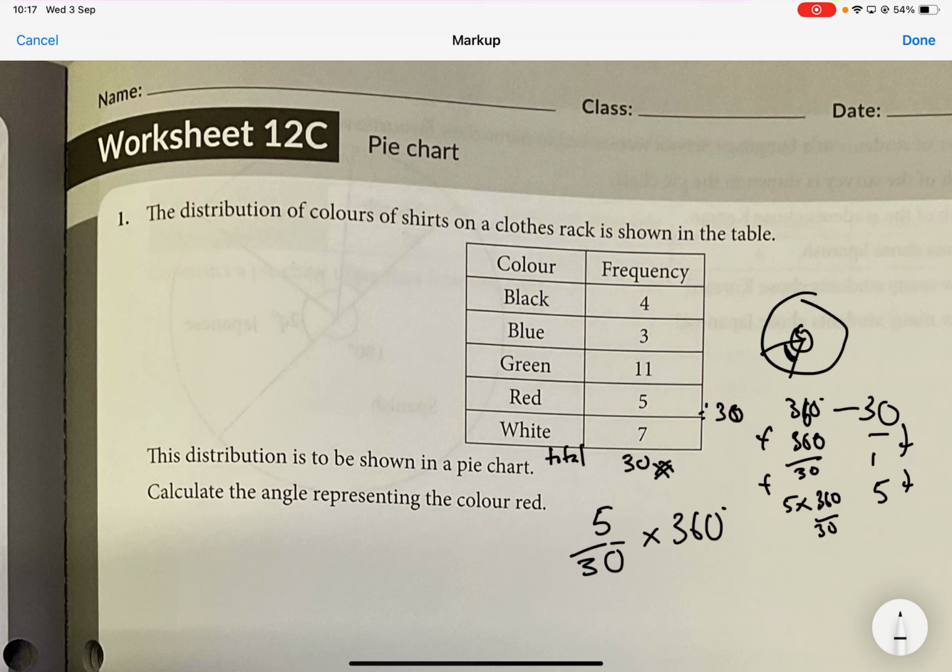The numbers are going to be the same. So my red will occupy 60 degrees.